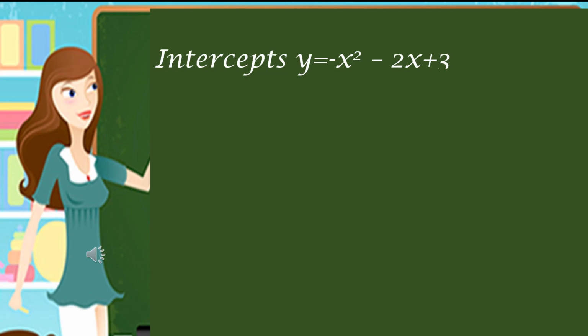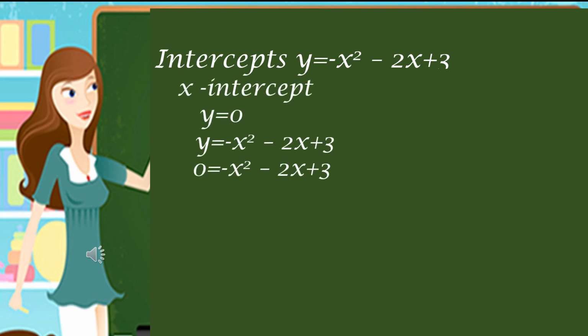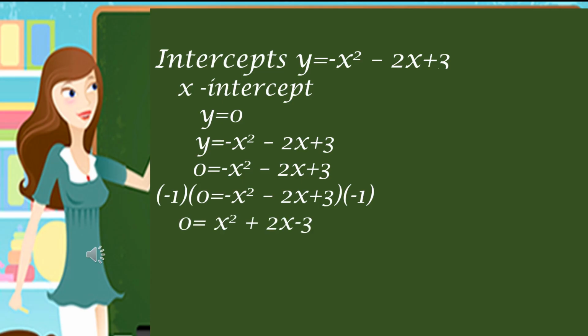Let us identify, for the x-intercept, let us set y as 0, so y is equal to negative x squared minus 2x plus 3. Substitute y as 0, so 0 is equal to negative x squared minus 2x plus 3. Then, solve this as a quadratic equation by factoring, but before that let us change the sign of x squared by multiplying by negative 1, so we have 0 is equal to x squared plus 2x minus 3.